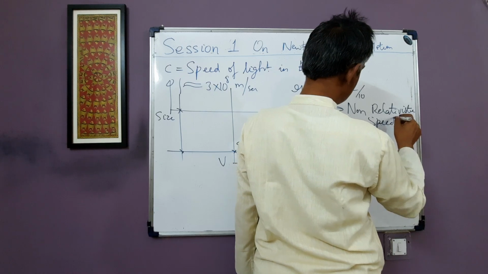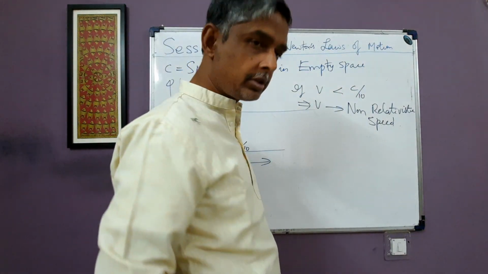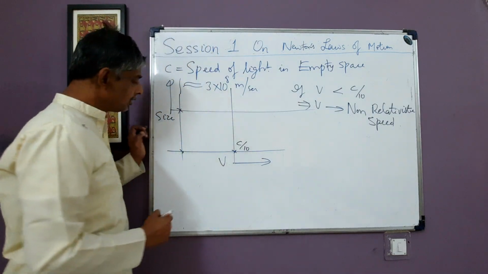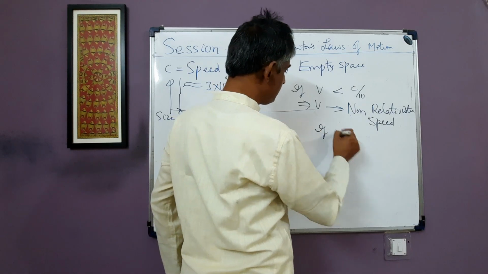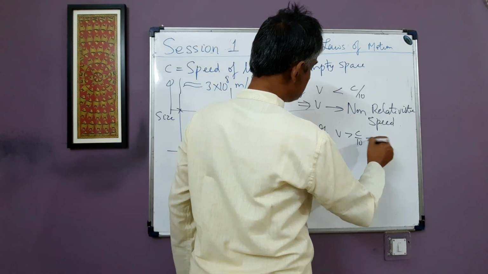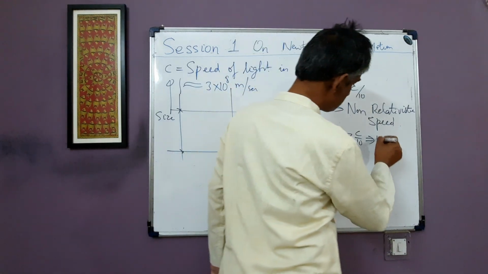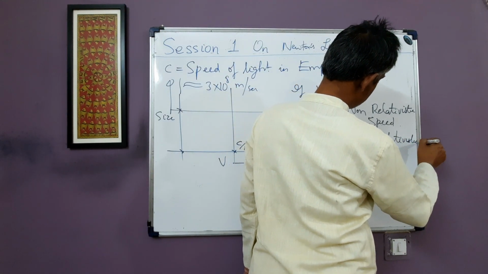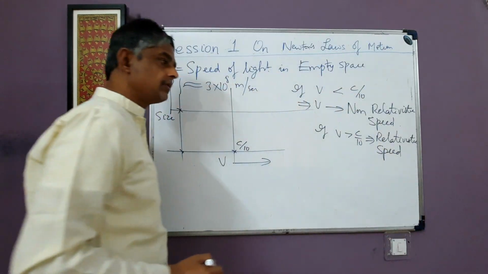And if V exceeds C by 10, then that speed is called a relativistic speed.